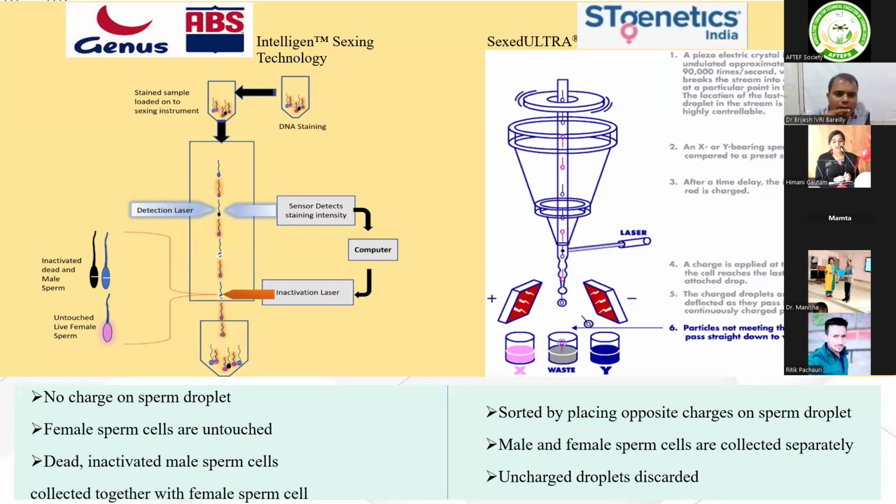Through laser, they are sensing individually; first they stain with Hoechst dye and pass through narrow tubes, and here they detect the Y spermatozoa through a sensor and kill it through laser, but both come in a single jacket. But in case of ST Genetics, through charge, they separate the X and Y spermatozoa. Some unsorted spermatozoa are there.